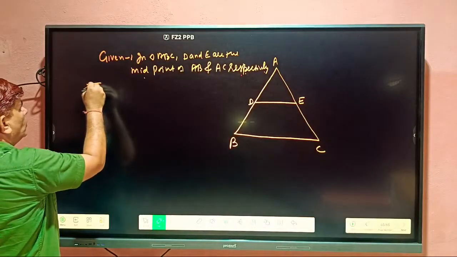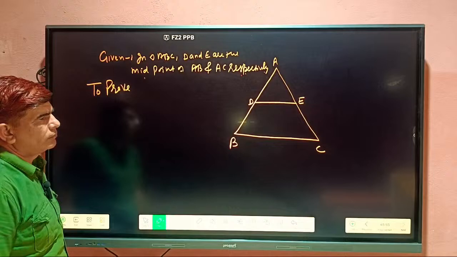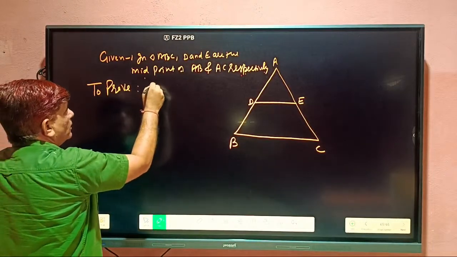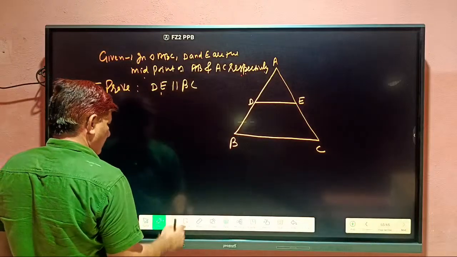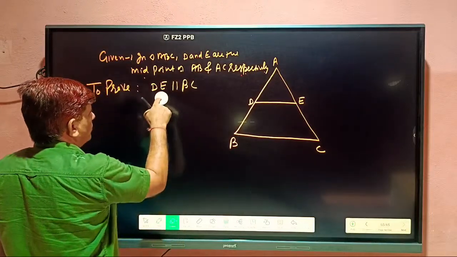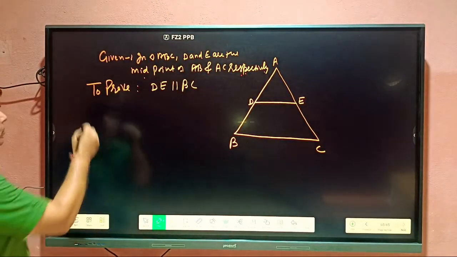To prove is this: DE is parallel to BC. This we have to prove. Yes or no? Proof.